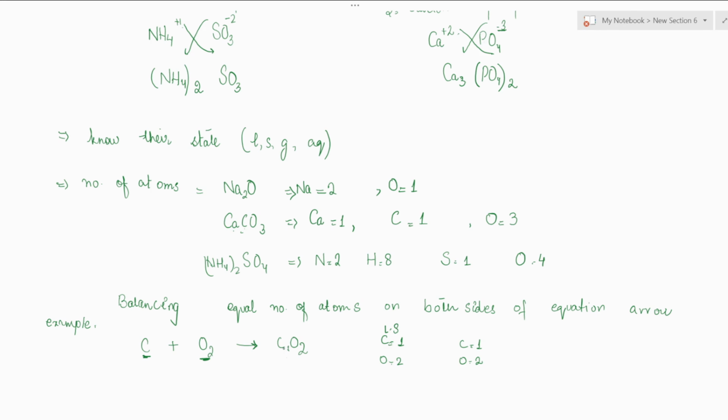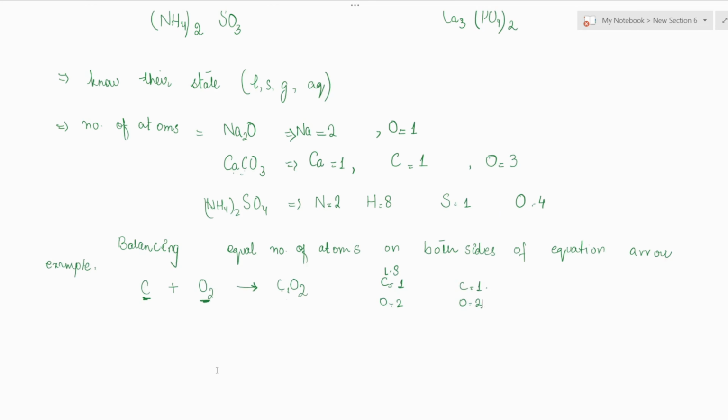Carbon dioxide also has one carbon and two oxygen. So everything is equal. It means this equation is already balanced. They're not always equal. We have to make them equal. In this equation, they are already equal on both sides.